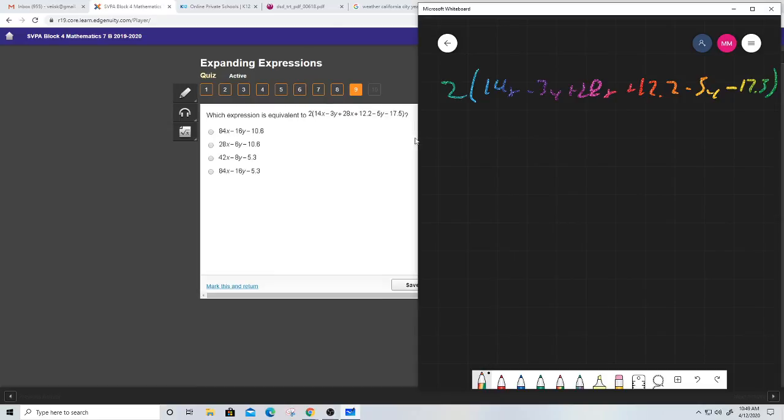It is possible that we can find the correct answer on the first go, but I really don't think so. So 2 times 14x is 28x. 2 times a negative 3y is negative 6y. 2 times 28x is 56x. 56 plus 28 is 84, so we kind of know it's going to be one of these two.